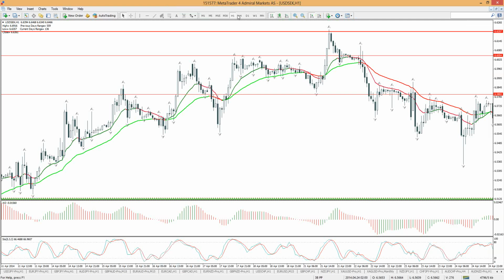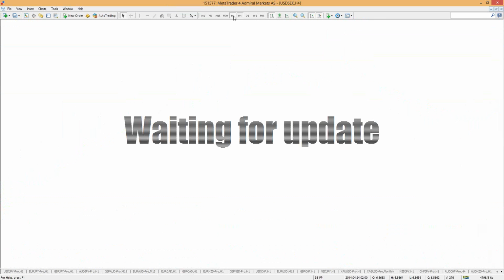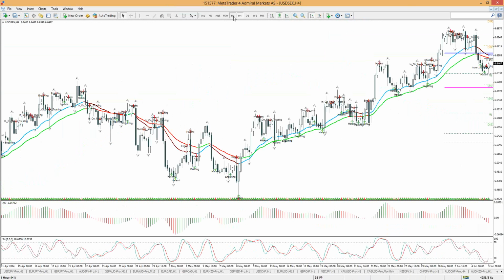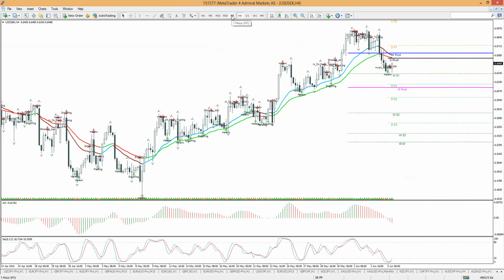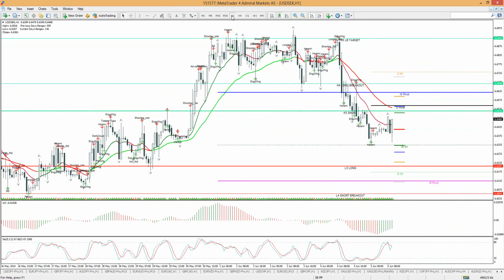Alrighty. Mm. The daily and weekly pivot of it.